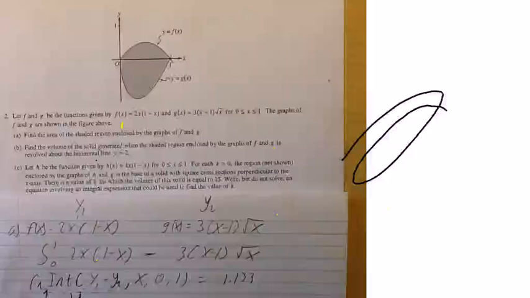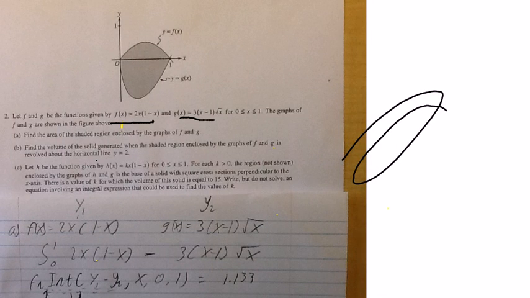Okay, so you've got your two equations, f of x and g of x. The first question asks you to find the area of the shaded region enclosed by the graphs f and g. So you've got f right there, you've got g right there. Since this is a calculator problem, you can plug f of x into y1 and g of x into y2.